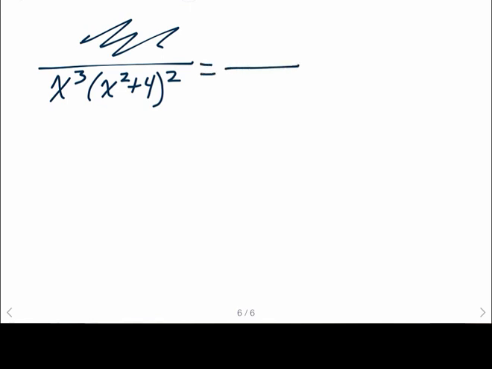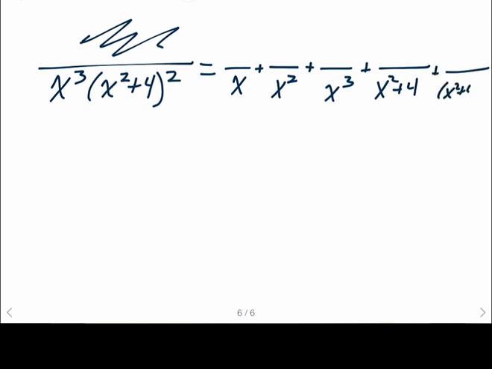Because x cubed is repeated and it's linear, we would have to write down a fraction with a denominator of x, and then one with x squared, and then one with x cubed. And then we'd have to deal with the x squared plus 4, the quantity squared. We'd have one that was x squared plus 4, and then we'd have to deal with that repeat. Right, so x squared plus 4, the quantity squared.